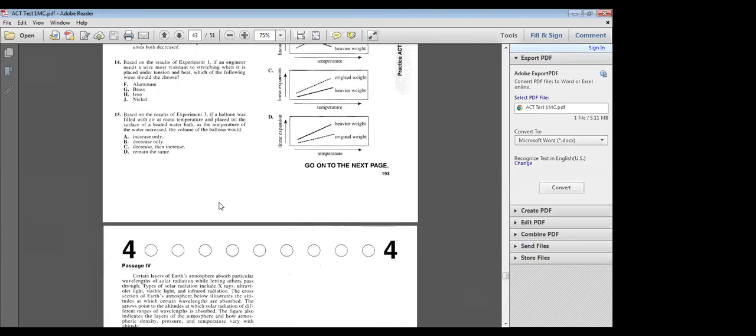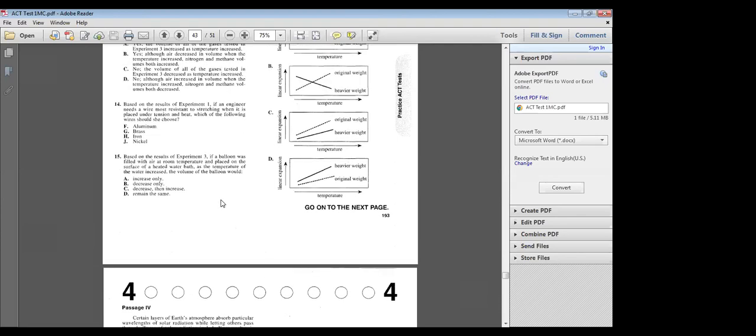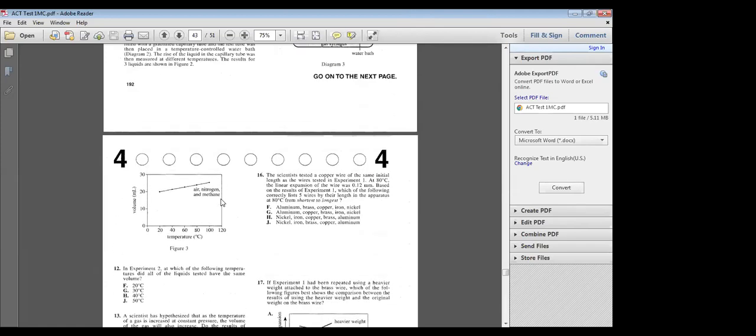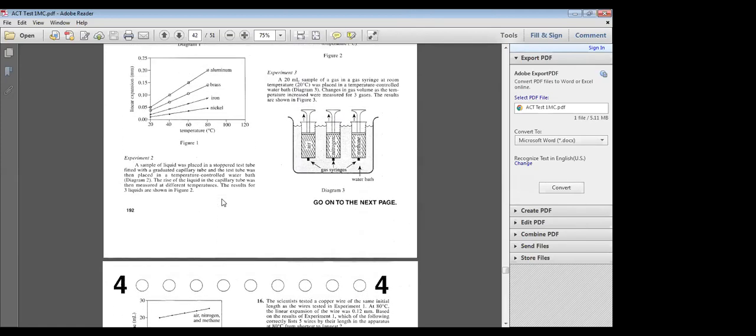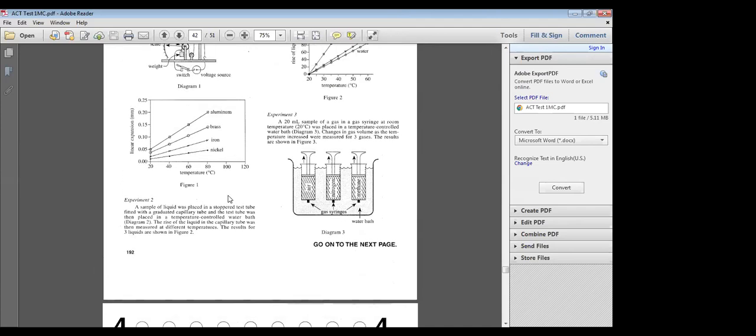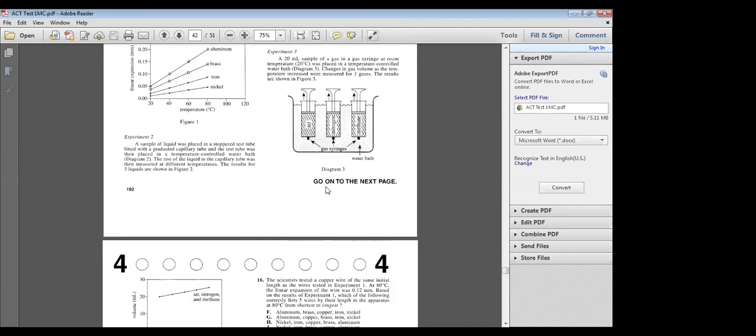Based on the results of experiment, okay, so if a balloon was filled with air at room temperature and placed on the heated water bath, as the temperature of the water increased, the volume of the balloon would... So we are looking at, the results are shown in figure 3.